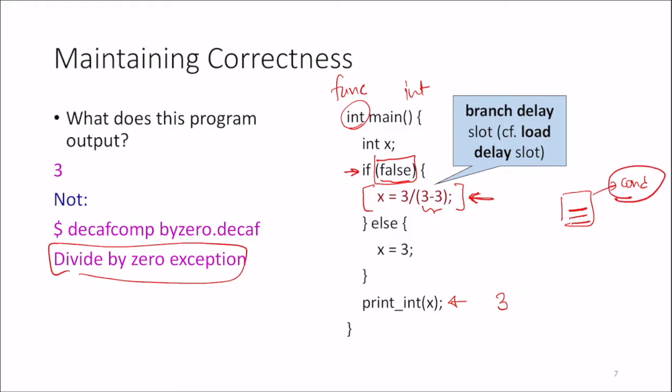And this is called a branch delay slot. Essentially, while it's executing the conditional statement, it has some cycles left in the CPU to execute extra instructions. So this is often called a branch delay, because there is a delay in executing the conditional, we can execute some instruction.